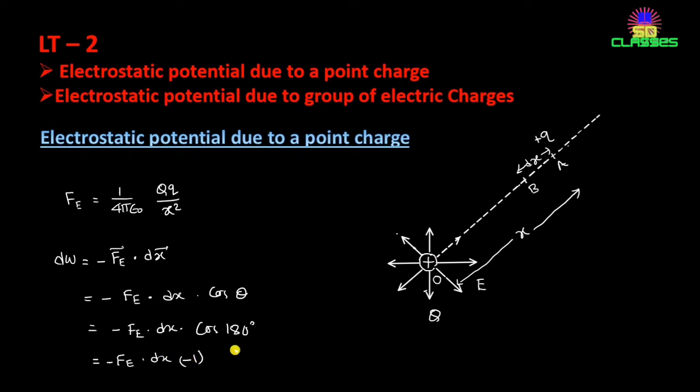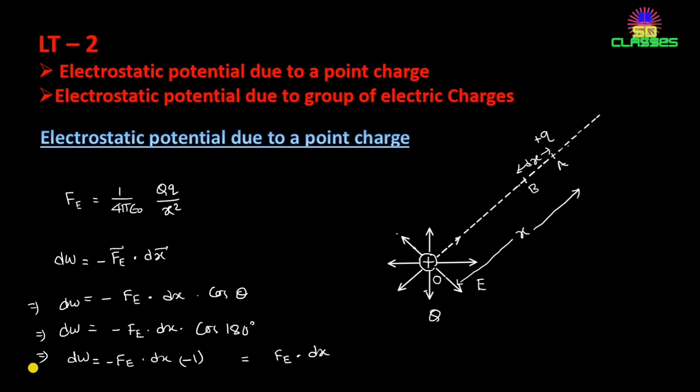So minus minus plus, right? So this will be Fe dot dx. This will be your dw. Okay, so from this we find out that the work done to move a small amount of charge from A to B by a displacement dx is Fe dx, where Fe is the electrostatic force acting at the point A.